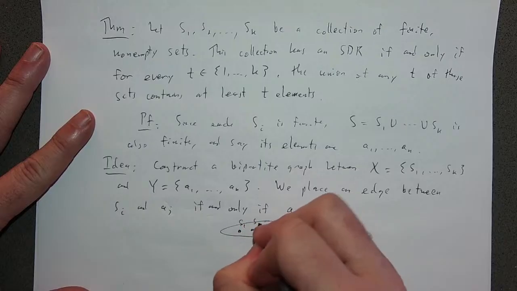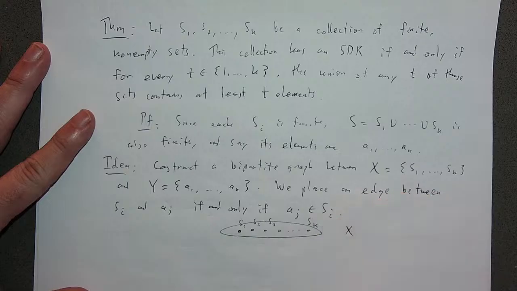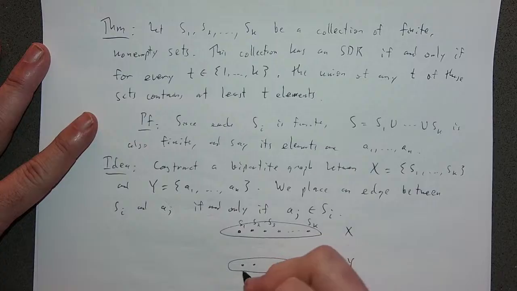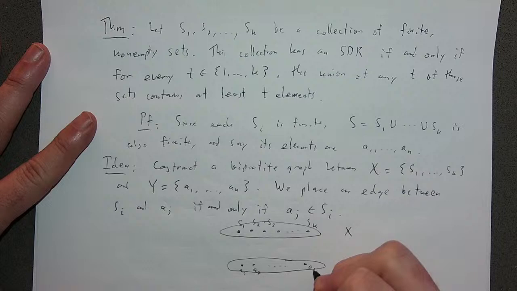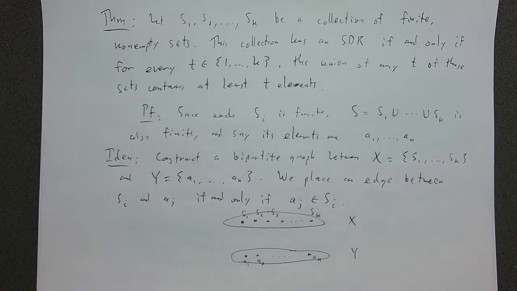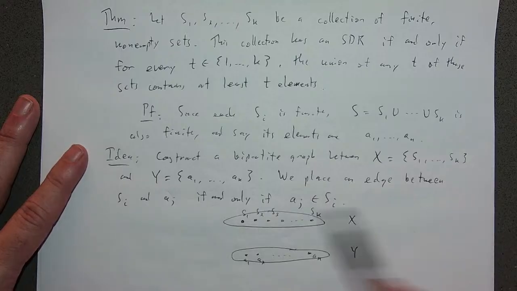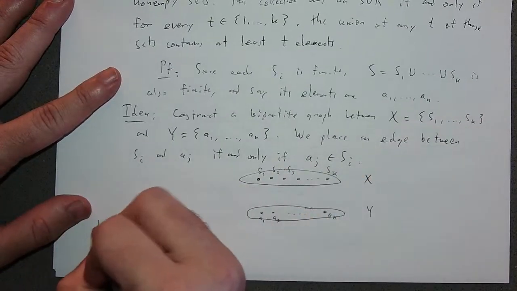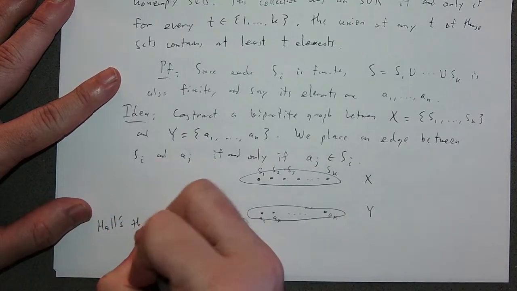They are labeled by the sets up to S sub k, and the vertices of our set Y are the elements in the union. Okay, and we connect this bipartite graph with edges in this fashion. So Hall's theorem, this is definitely going to be a bipartite graph. So Hall's theorem now says what?